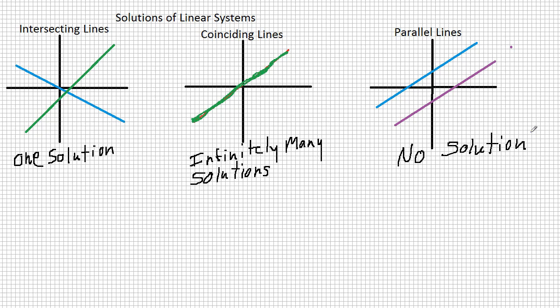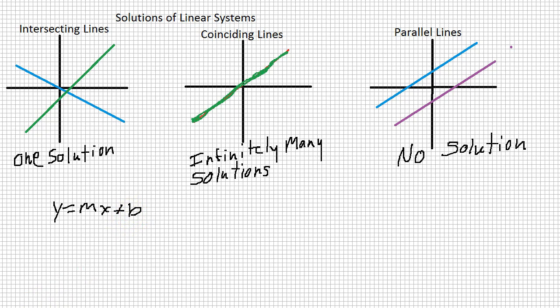What do you think we could do? Well, I'm not going to keep you in the dark too long. What you could do is solve for y. All right? If you put them in slope-intercept form, y equals mx plus b.